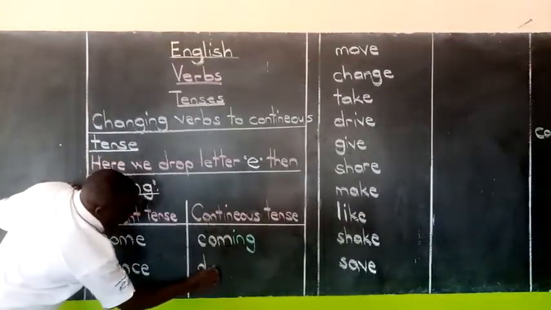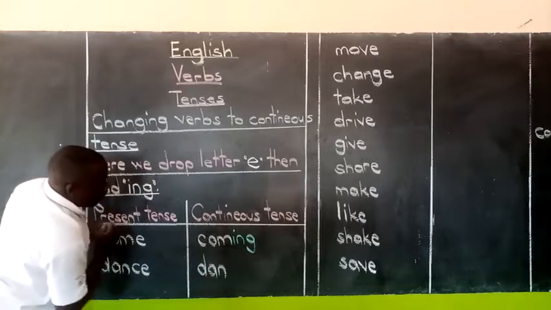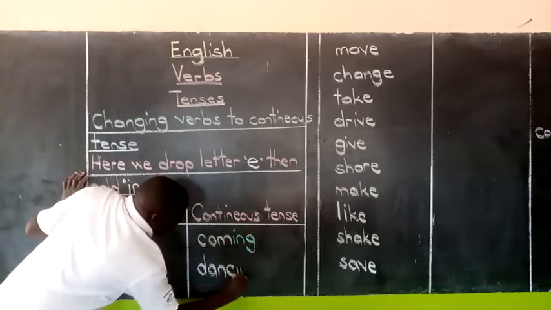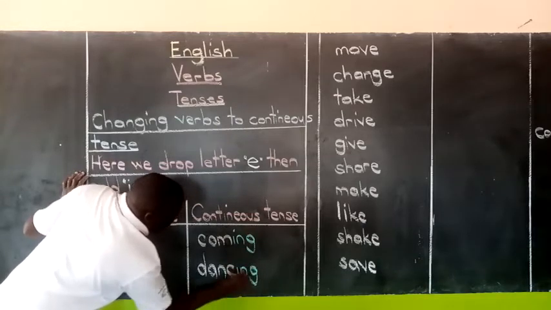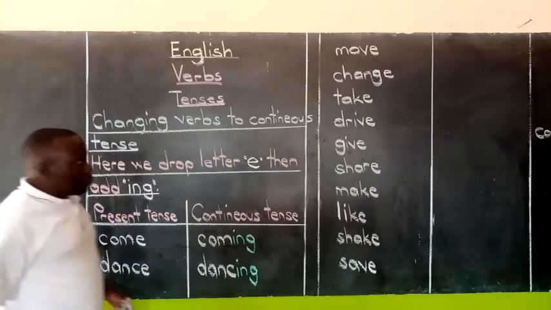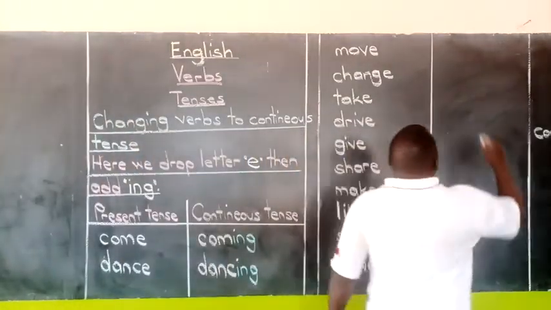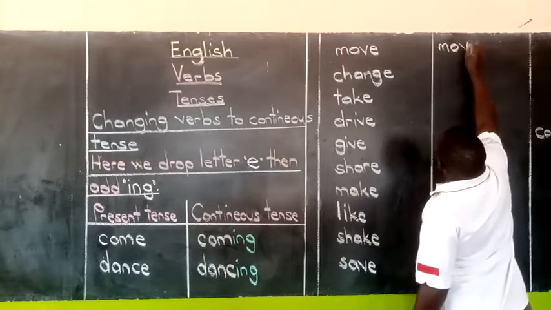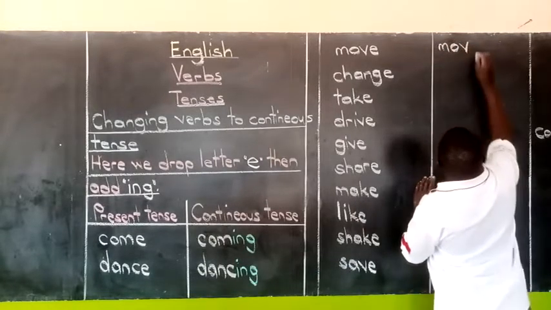Dance, continuous tense, we shall have dancing. Drop E, add ing. Move, we shall have moving.